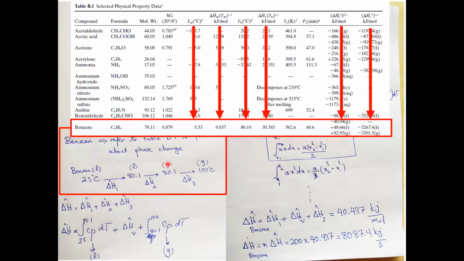Then you have the phase change that you can find because it is evaporation. You can get this value for vaporization. And finally, it is the temperature change at constant pressure that you have to find from this formula. So here we have liquid, in this phase we have evaporation, and finally we have the gas form.